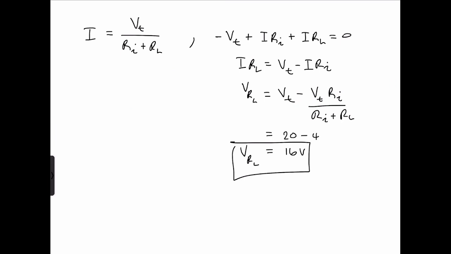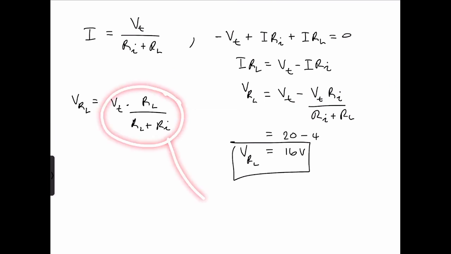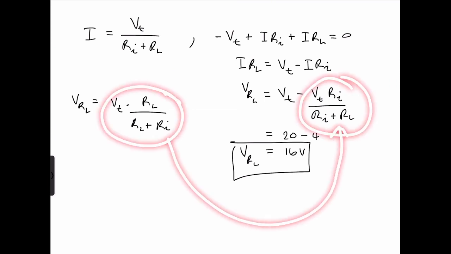We can also simply use our voltage divider equation, which you'll see we had stumbled upon in the loop method as well. The voltage across RL, which is our targeted resistor, is equal to the terminal voltage, the voltage of the voltage source, times the targeted resistor, which is RL, divided by the sum of the resistance seen by the voltage source, which we'll see is a replica of this one.